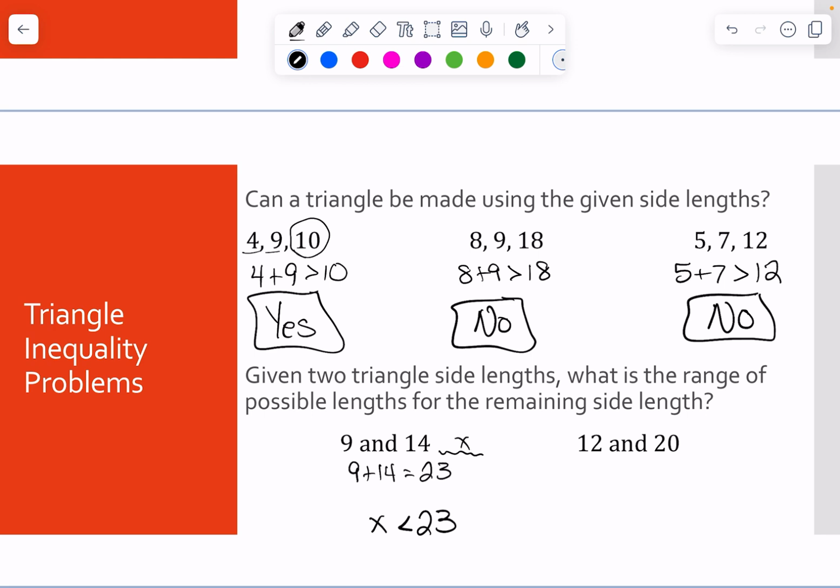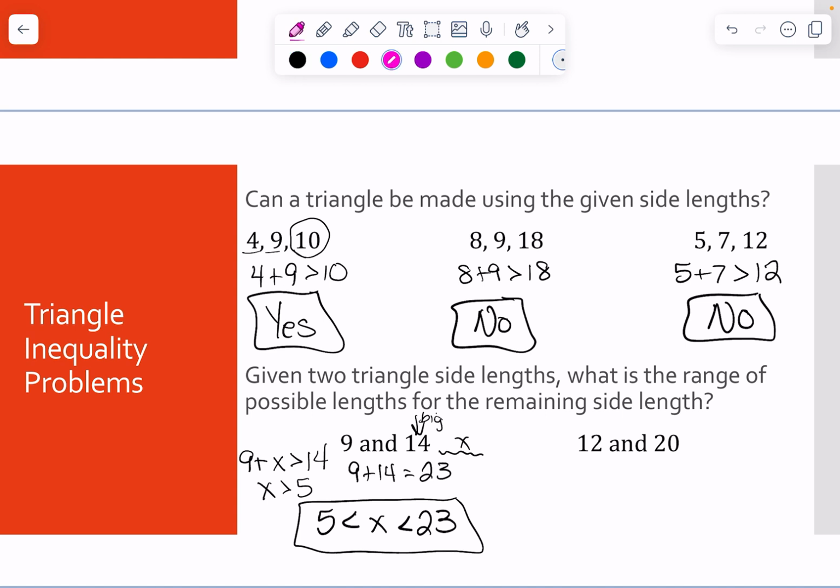We don't know what that x is. Likewise, if you look at this combination, 9 plus x must be bigger than 14 if we assume 14 is the biggest. By solving that, we would know that x would have to be bigger than 5. So our inequality comes out to say 5 is less than x, less than 23.